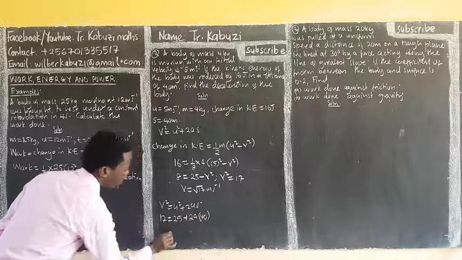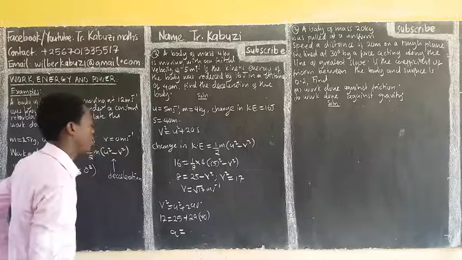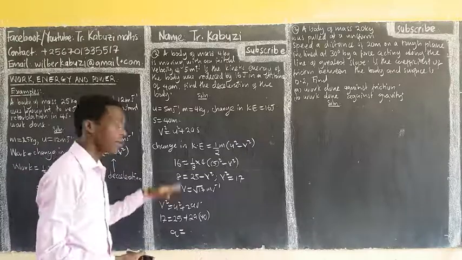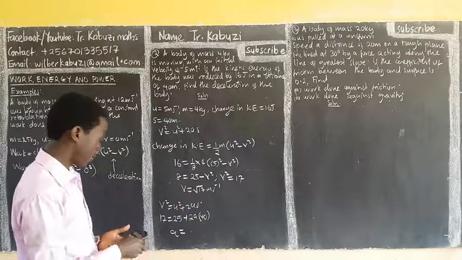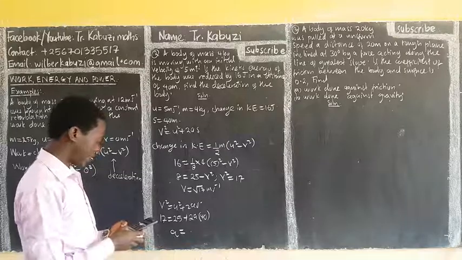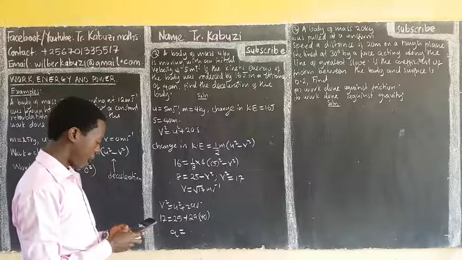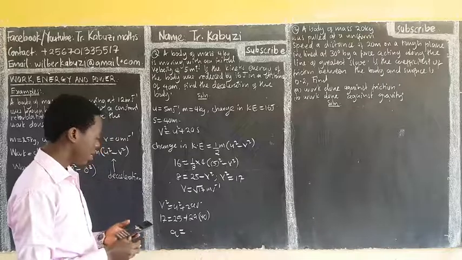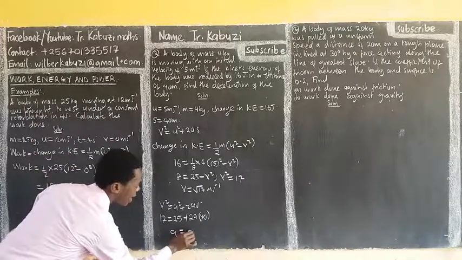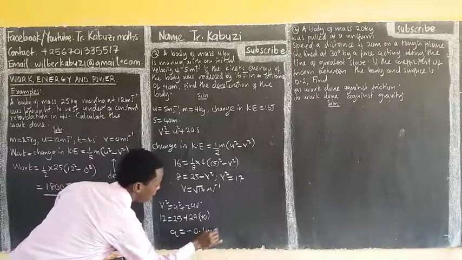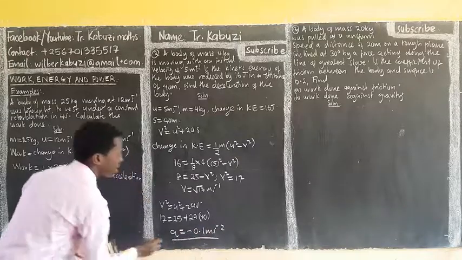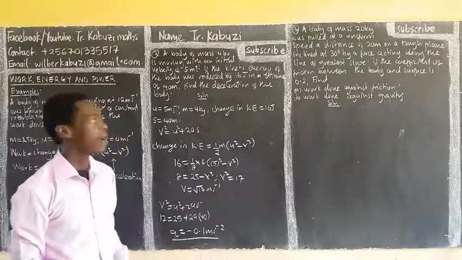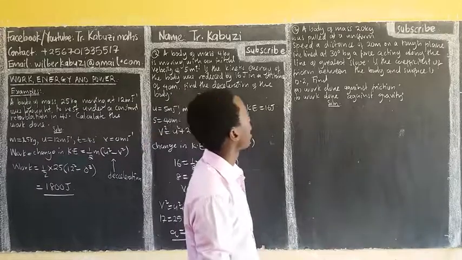Our deceleration of course is going to be negative, so when I get 17 minus 25, divided by 8, the answer I'm getting is negative 0.1 meters per second squared. The body is decelerating, that's why we have a negative there.